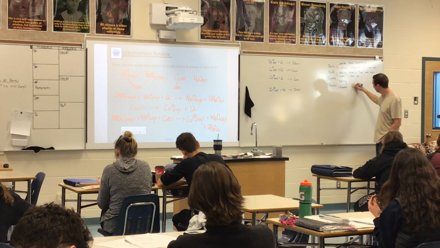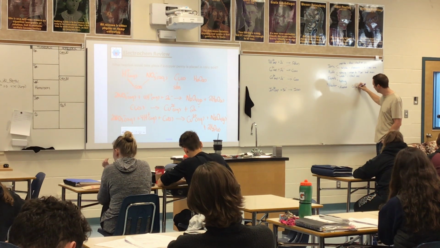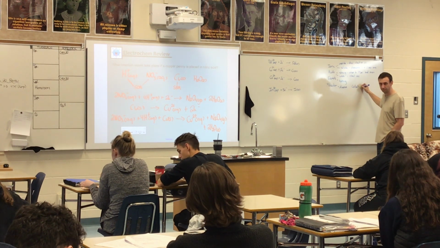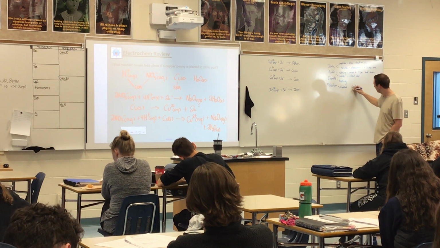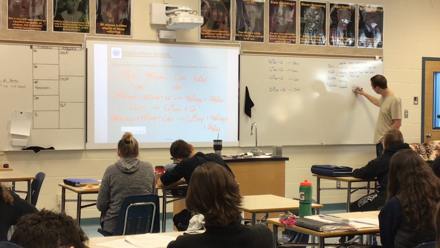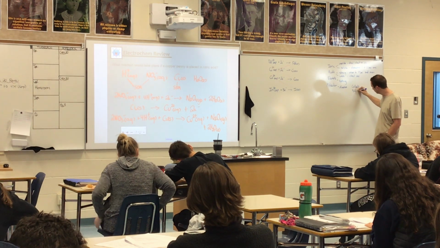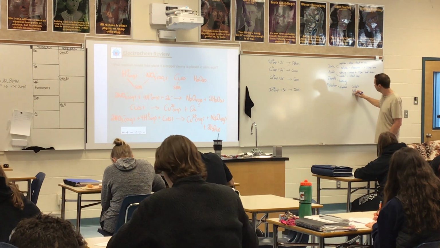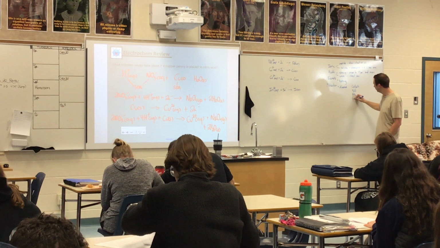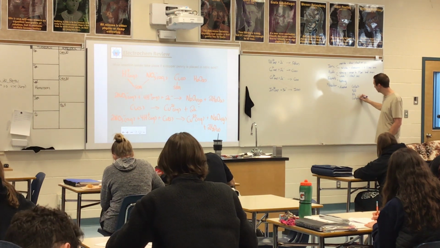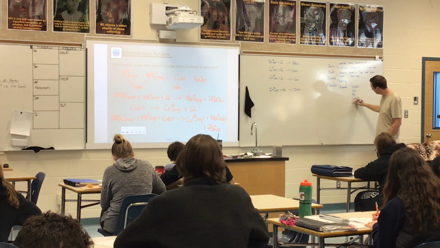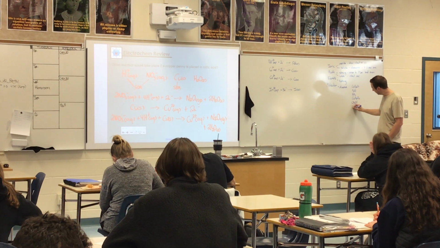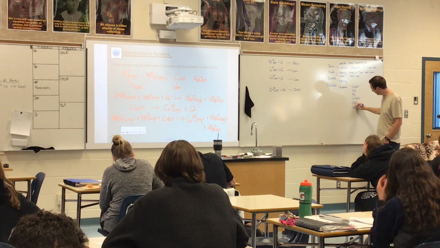Formulas, so C12H22O11 for sucrose. Hydrogen peroxide, H2O2. Ammonia, NH3. Glucose, C6H12O6. Methanol, CH3OH. Ethanol, C2H5OH.